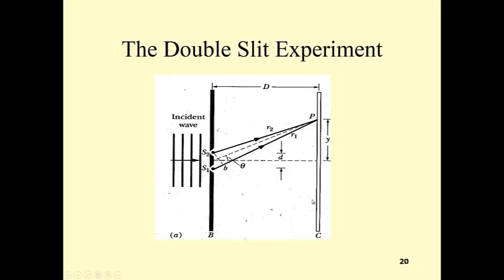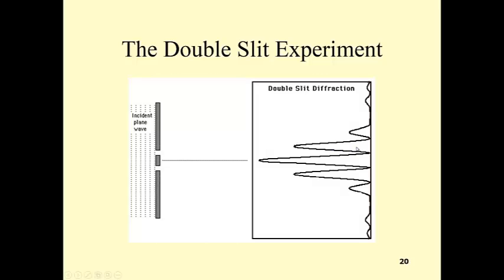So here's another way of looking at this double slit experiment. The wave comes in here, you have an angle here, and you have a distance y. And what happens is that you end up with a diffraction pattern that looks a little bit like this. So you see that central maximum, and then they interfere constructively and destructively all along there.